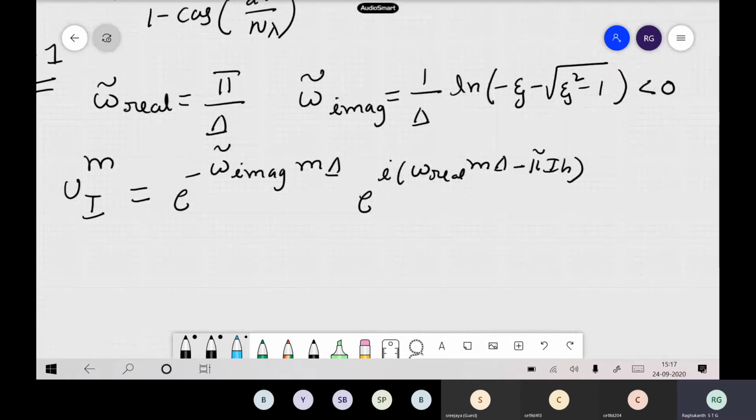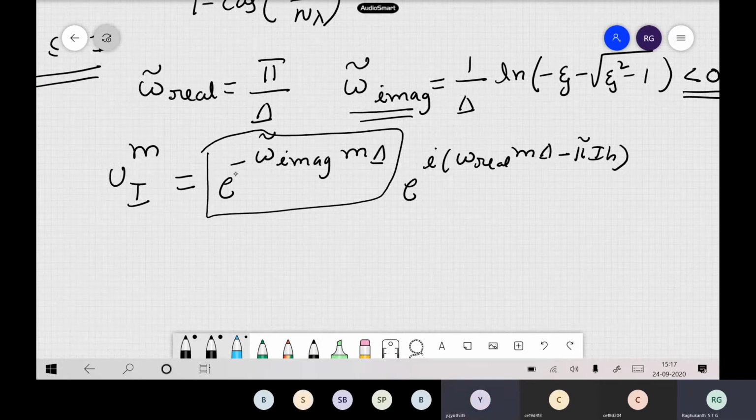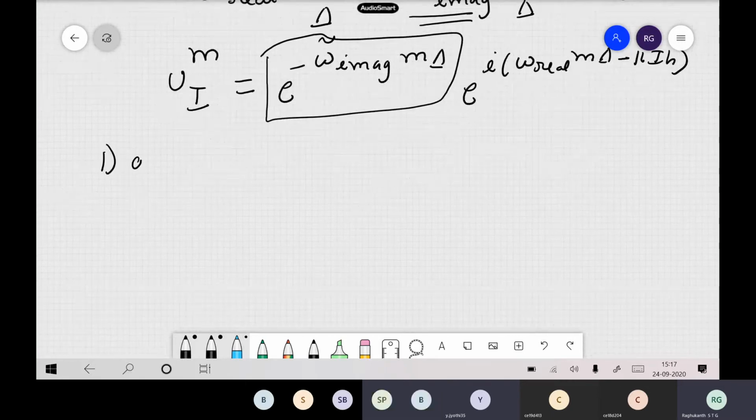Now omega imaginary is obviously less than 0, because psi is less than 1. So what happens when it is less than 0? Exponentially it increases, because the sign is negative and positive. So what do you call this type of scheme? Unstable.